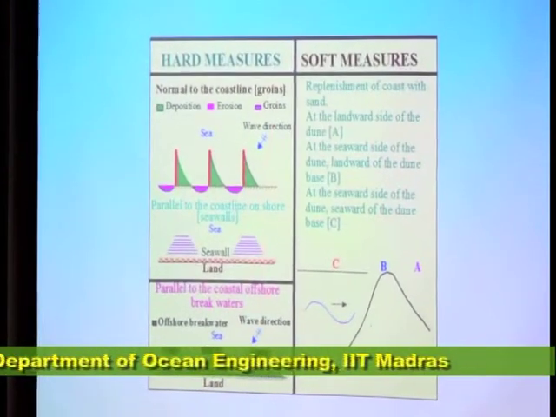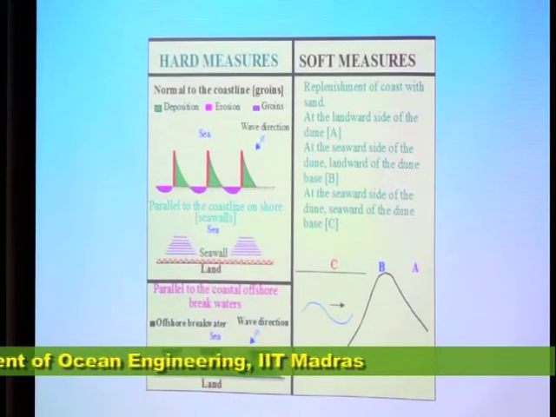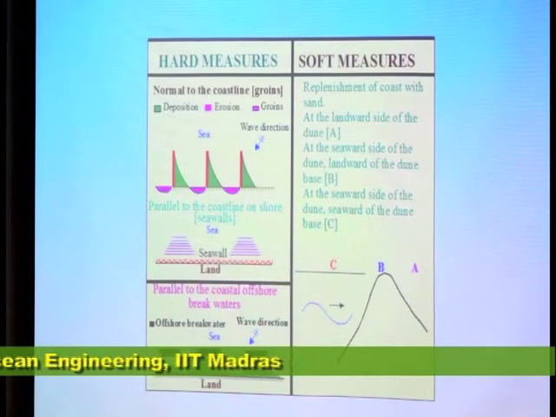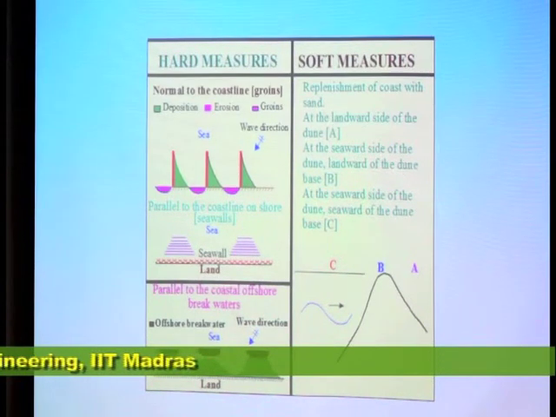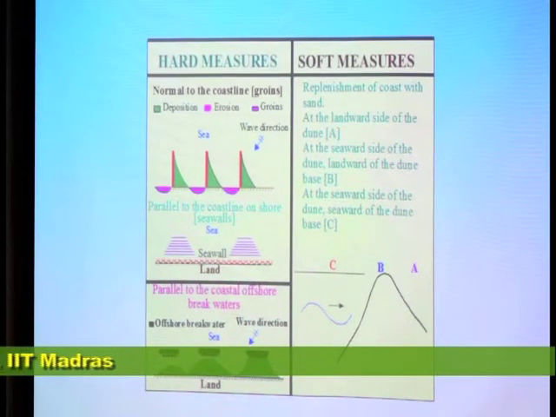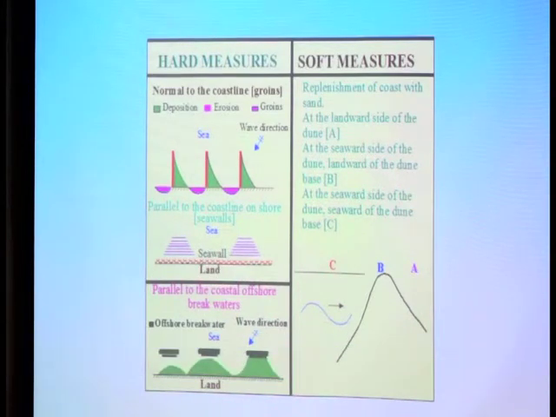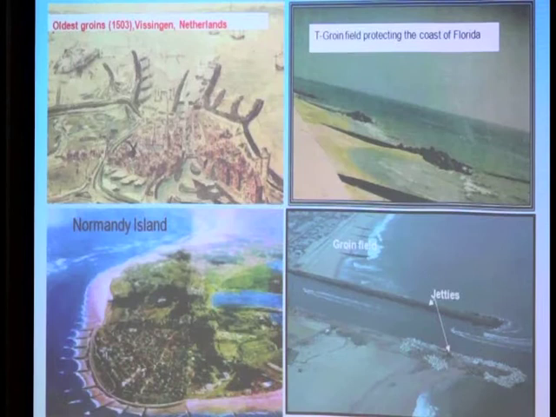That is artificial nourishment. The tsunami has added a new dimension, that is plantation. Plantations have proved to be excellent barriers against the inundation of coastal hazards like the tsunami. So these are the broadly classified solutions we have.